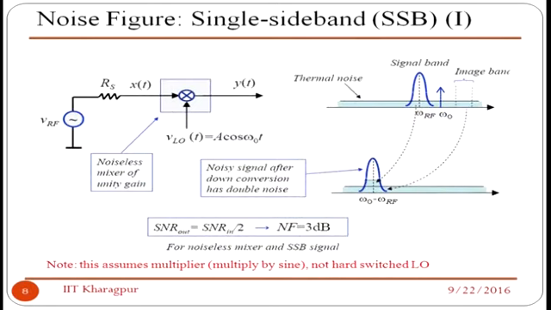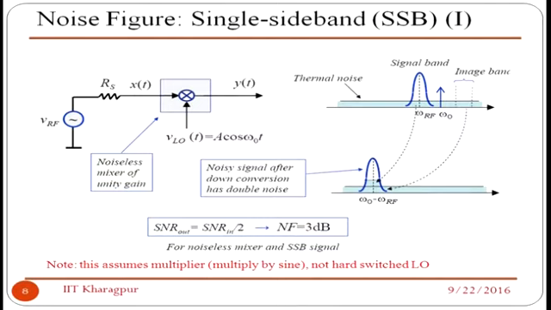Well, because in a double sideband, what is happening? In double sideband, omega RF equals omega LO, where there is no image. So there is no translation of the image noise riding on top of your signals.